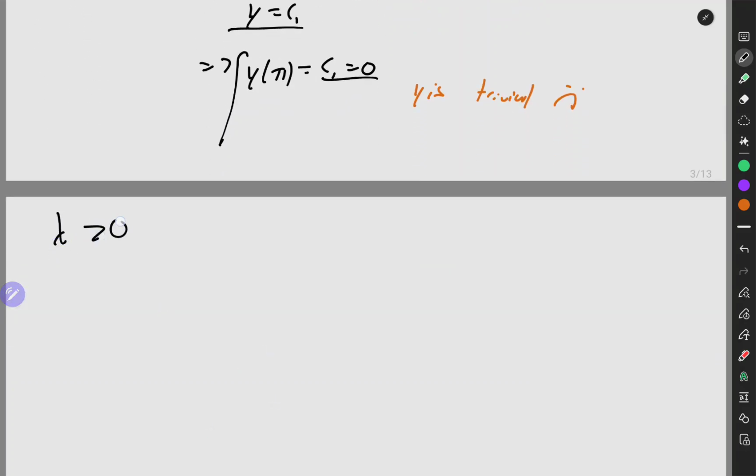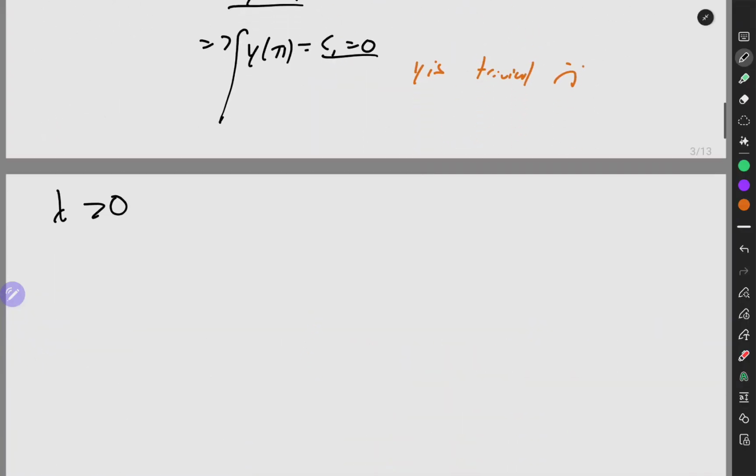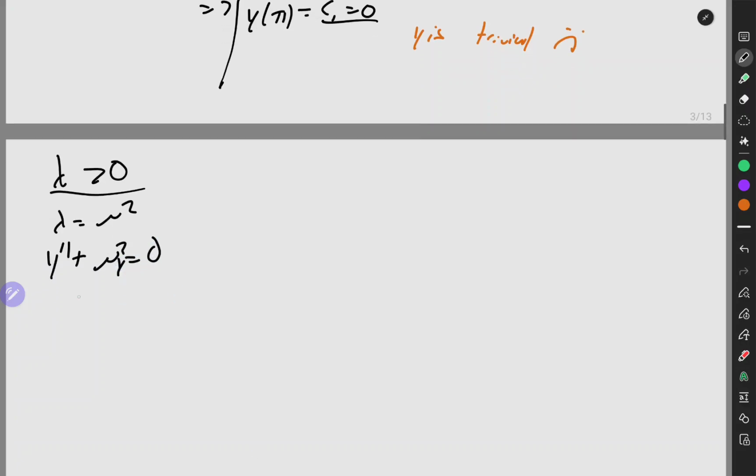Okay, we have one left. Lambda greater than 0? Yeah. So lambda would have to be mu squared for that to happen. And as you can see, that would be complex, right?